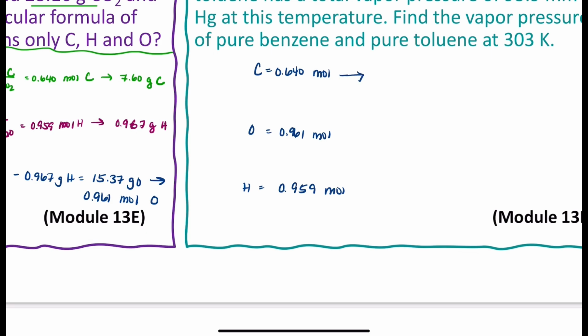We divide all by the smallest number, carbon's number. This gets me a 1 for carbon. Oxygen gets me a 1.5. Hydrogen gets me a 1.5. We can't have fractions, so we multiply them all by the least common multiple, giving C2H3O3.